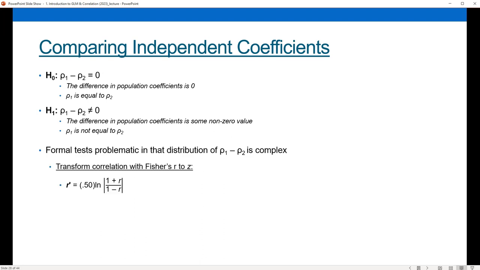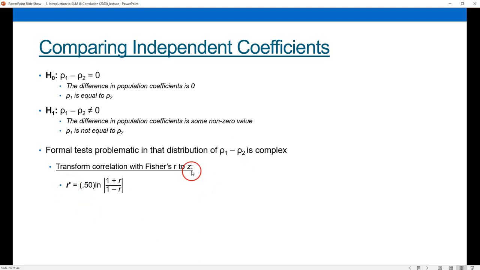So the solution here is to utilize something known as a Fisher's r to z transform. With Fisher's r to z, we're taking that Pearson correlation and turning it into a slightly different coefficient, one that behaves a little bit better for us, okay? And so with the Fisher's r to z transform, what we're getting is r prime.